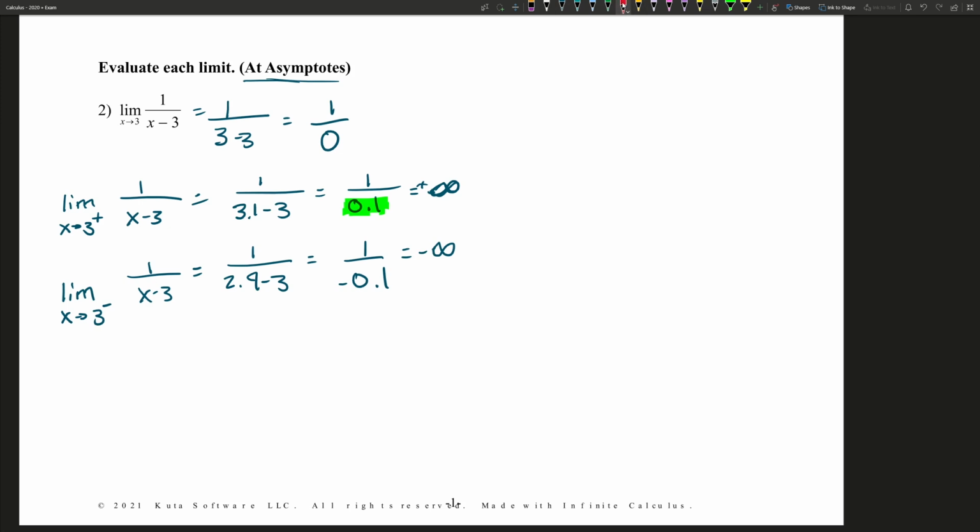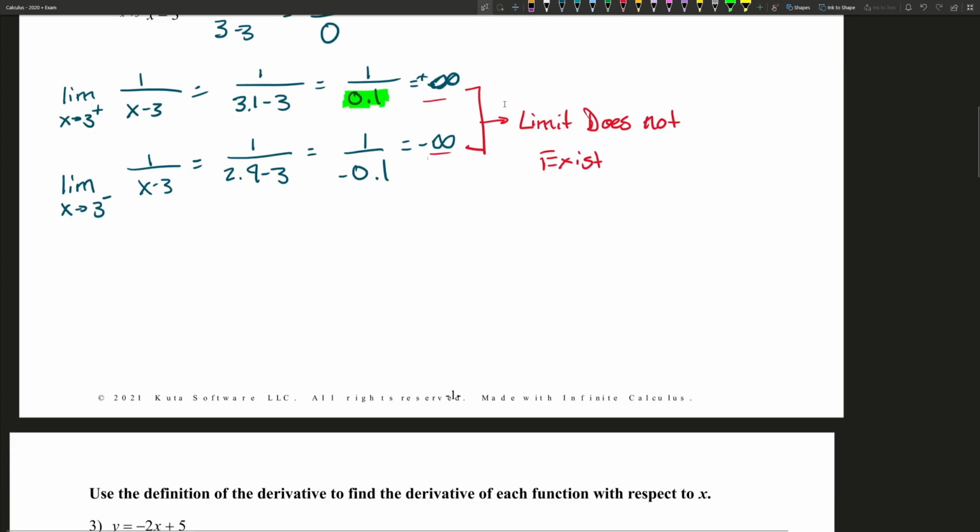Now, because these two things do not match, our limit does not exist. If they were the same, then both of these would be equal, and that would be our limit. But in this case they don't, so the limit does not exist.